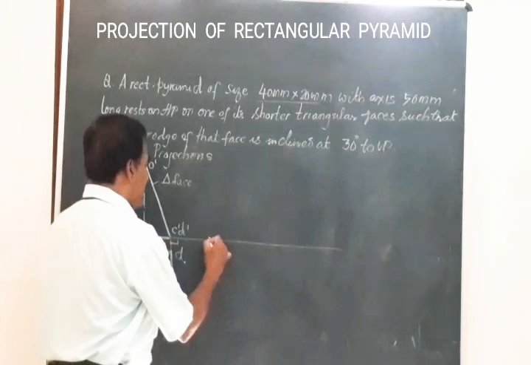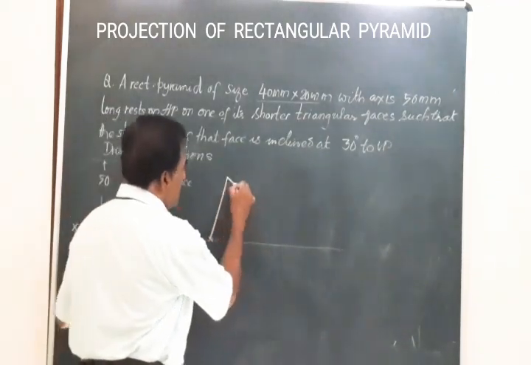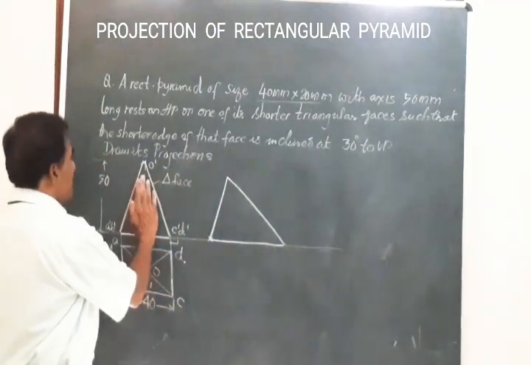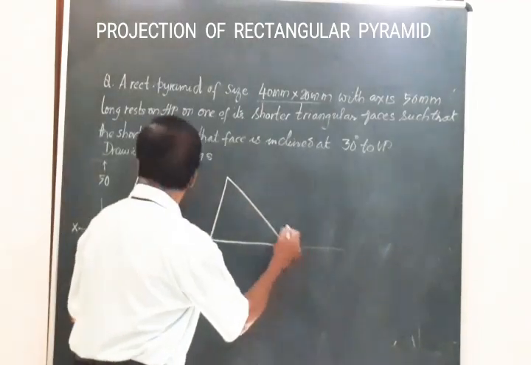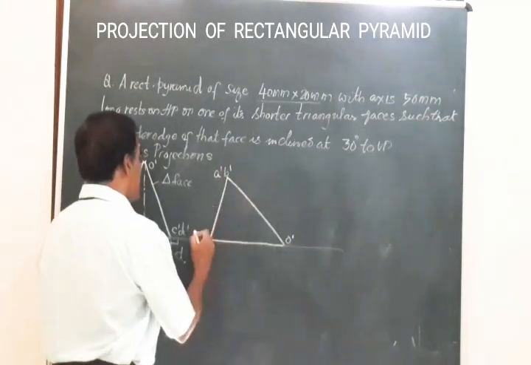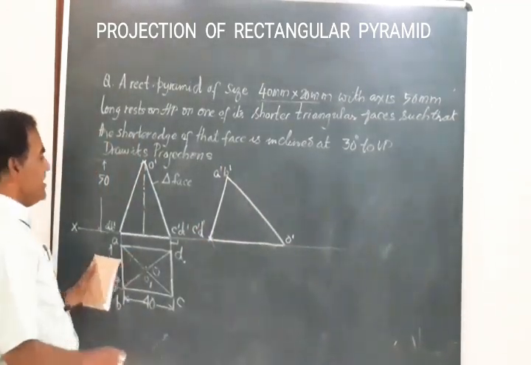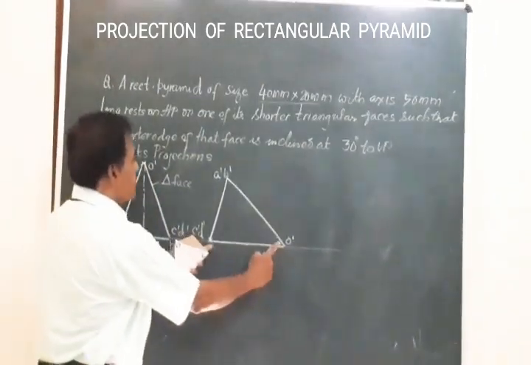So you know it is very simple to construct this. I just marked it and tell you. So the object which was like this is placed like this. So this will be your O dash, this is A dash, B dash, and this is C dash, D dash. Friends, how to construct this? It's very simple. Mark a line O dash, C dash, D dash of length equal to so much.